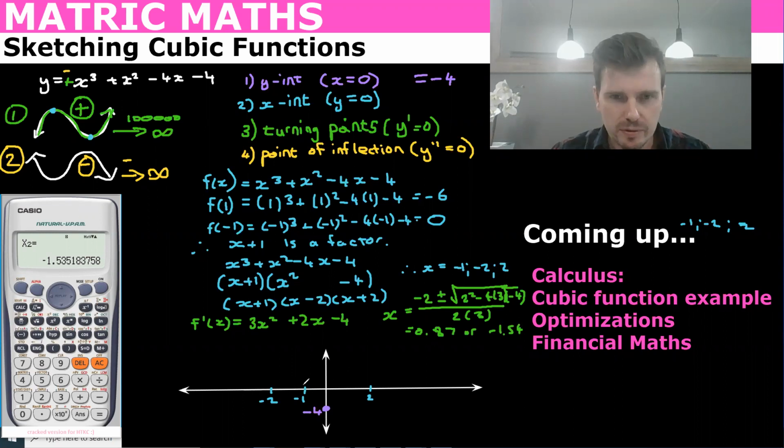Okay, so the one turning point is between these two. And the other one is between, so the one is over here somewhere, but obviously it's going to be either up or down. And then the other one will be 0,87, so about there. Okay, now I know that I had a plus, so it's going to look like this.